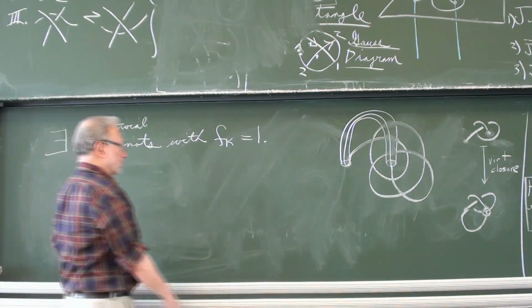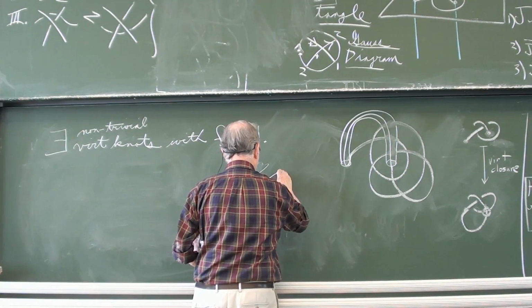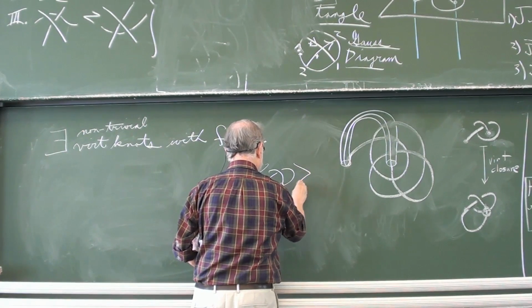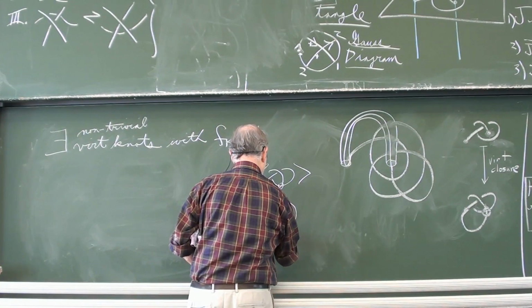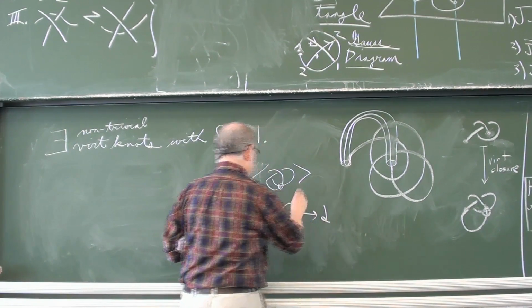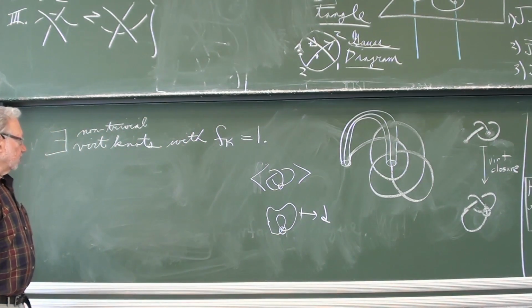So if I wanted to take the bracket polynomial of this guy, then I would expand it into states, and I might have something like this, you see, and that would be one of the state loops, and this will go to D. I just ignore the virtual crossings, and I get a bracket polynomial.